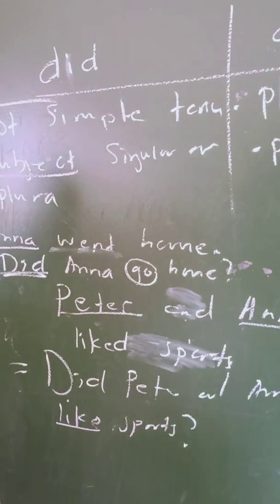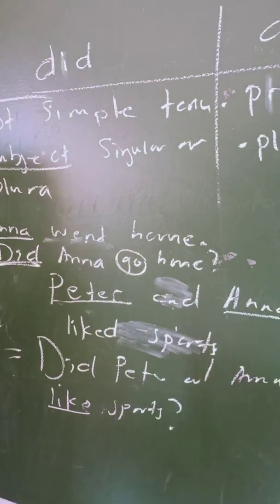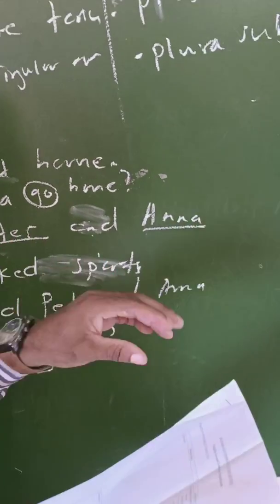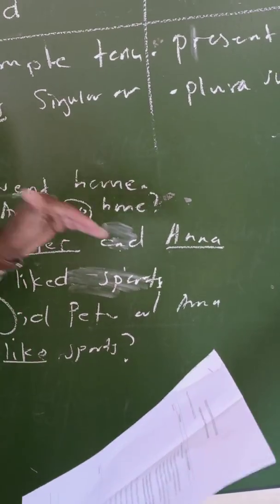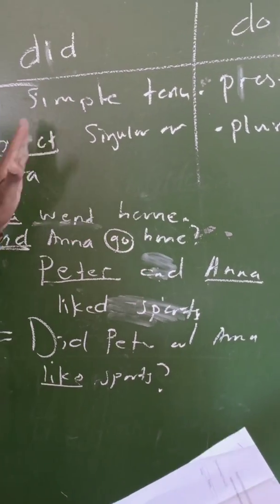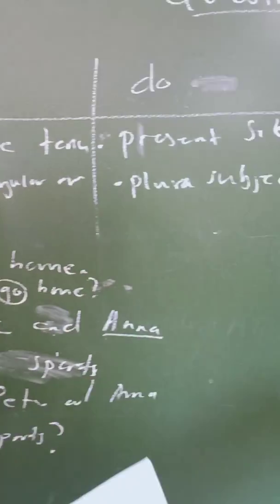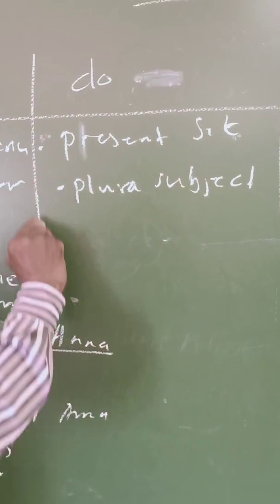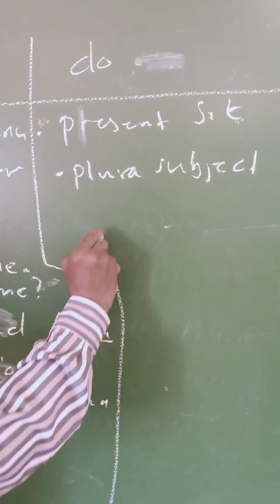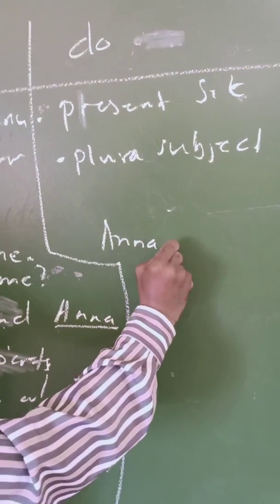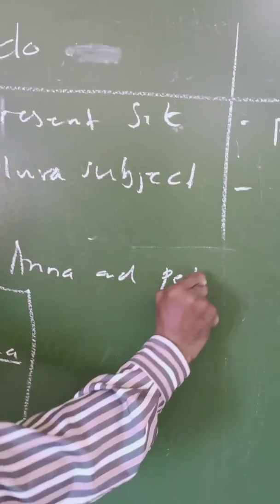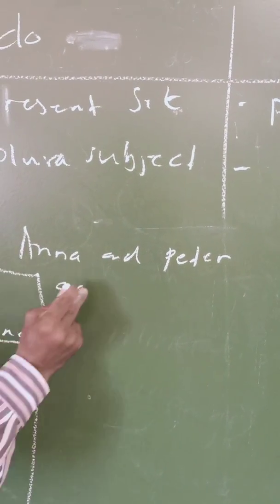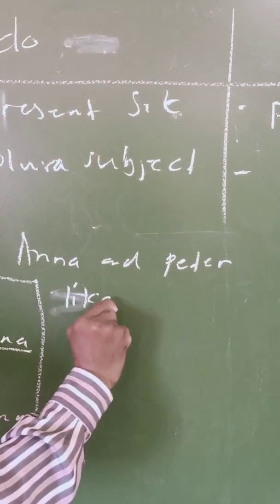So the sentence, first of all, you must be able to tell when you are given a sentence in an examination. You should be able to read and find out the tense in which the sentence is. If it's in past simple tense, then you should use did. But if it's in present simple tense, let's continue with Anna and Peter, like sports.